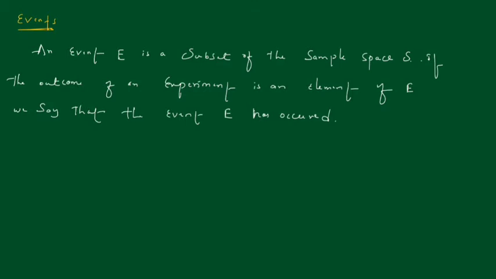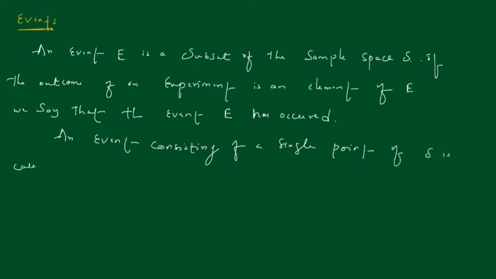So an event consisting of a single point of S is called a simple or elementary event, right?